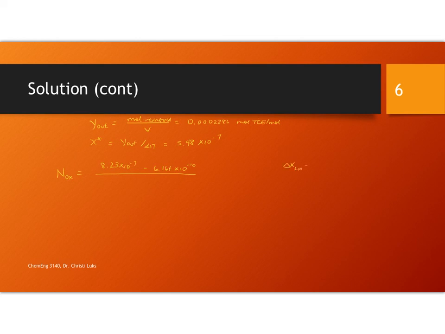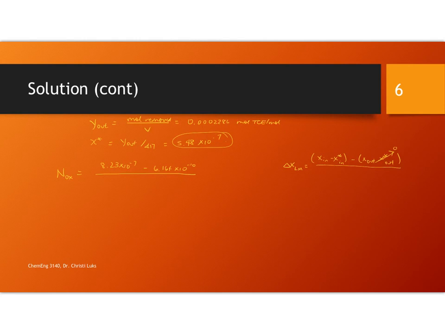Delta X log mean is going to be Xn minus X star when I came in, minus X out minus X star when I came out. But that one's 0. X coming in was the 8.23 times 10 to the minus 7th. Xn coming out is this number here.